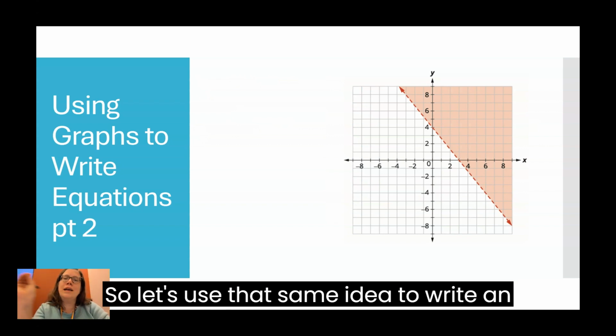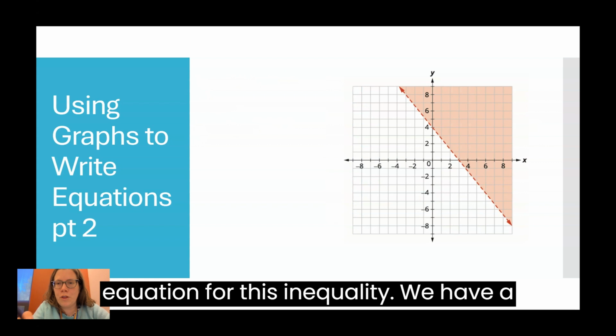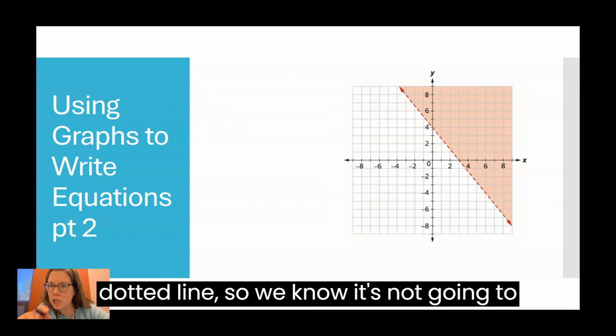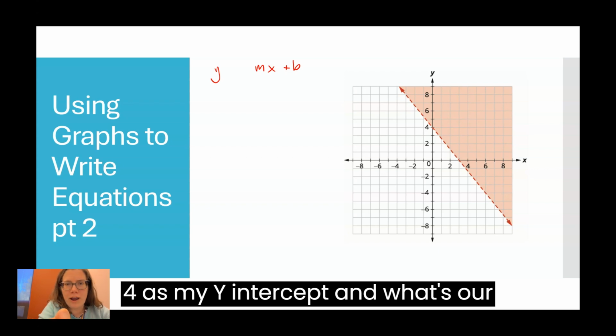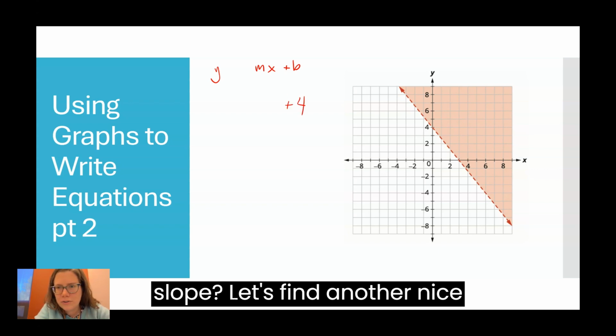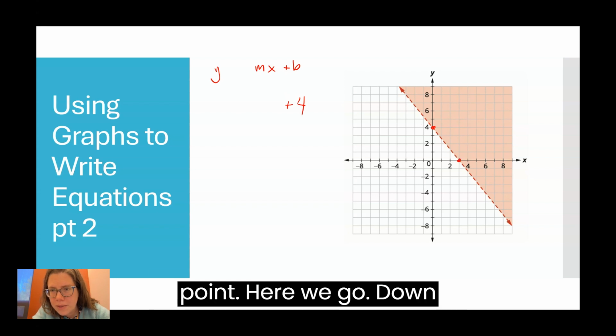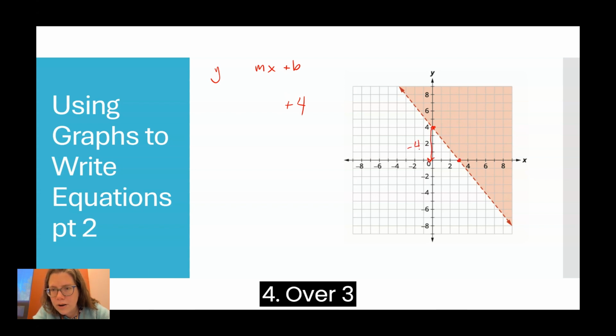So let's use that same idea to write an equation for this inequality. We have a dotted line, so we know it's not going to be or equal to. We have 4 as my y-intercept. And what's our slope? Let's find another nice point. Here we go. Down 4 over 3 to the right 3.